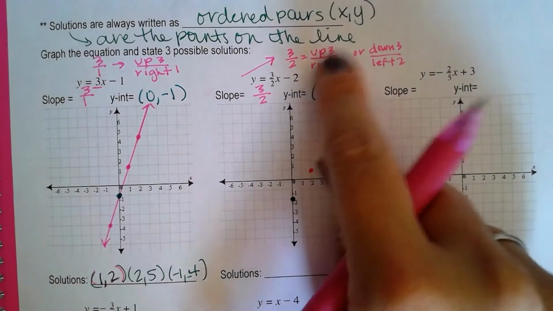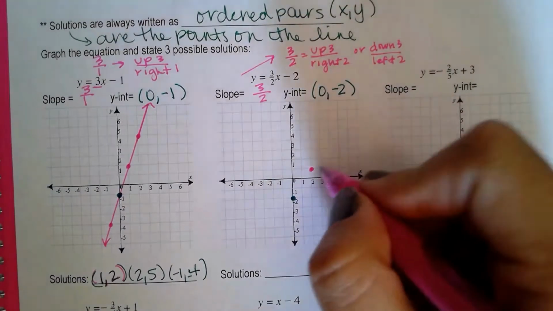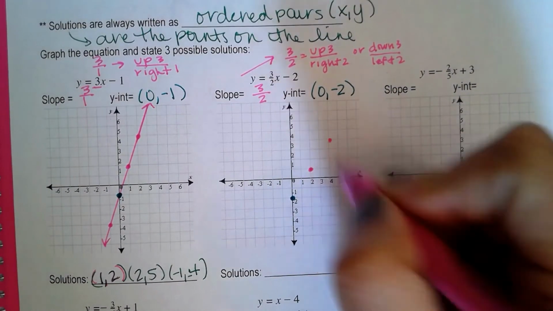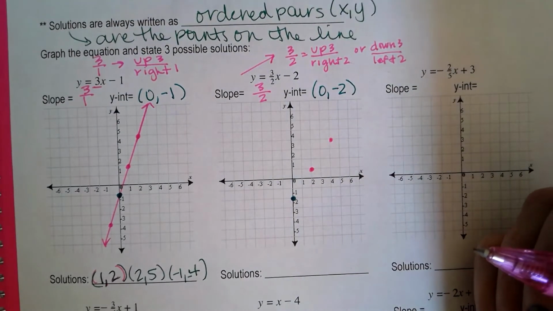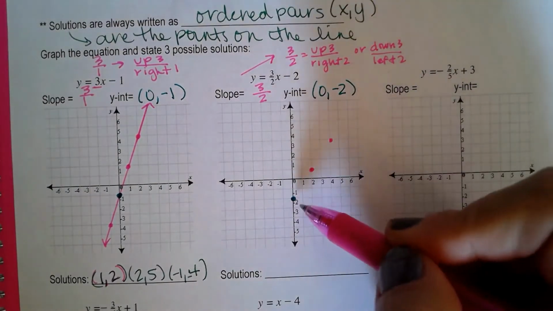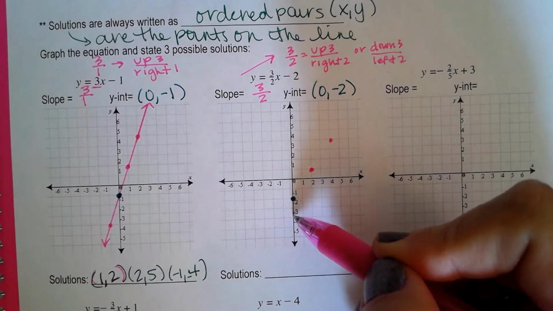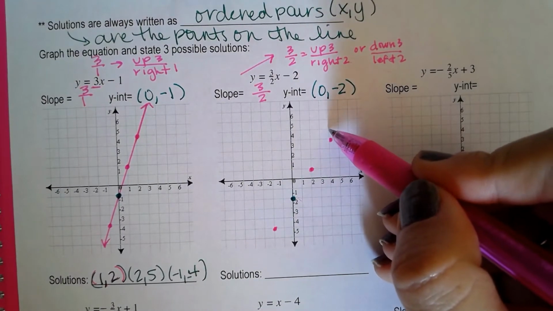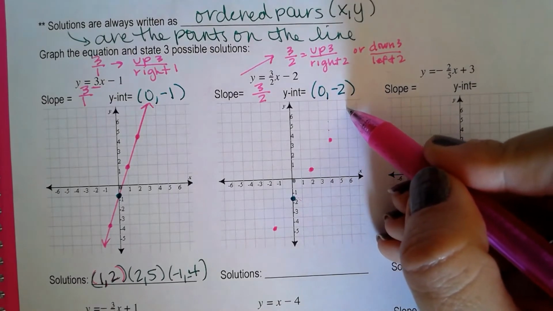You just do the opposite of what those are. So then I'm going to go up 1, 2, 3, right 2. Or I can go back here again. I can go down 1, 2, 3, left 2. I could have actually probably fit one more up there. 1, 2, 3, right 2.